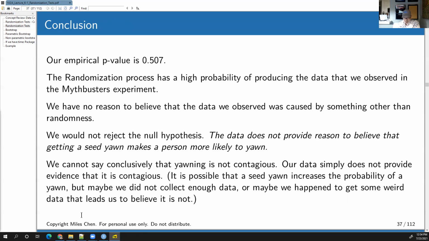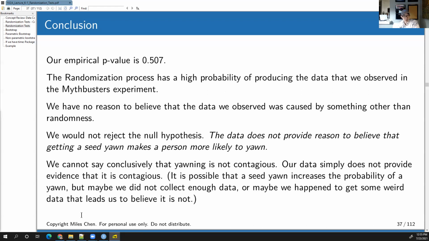But it turns out that even if the null hypothesis were true, meaning that yawning actually isn't contagious, if you're going to just have a total of 14 people yawn, and you just split them up into two groups, one where you have 34 people and the other where you have 16 people, you're going to get a difference of 4 percentage points around half the time.